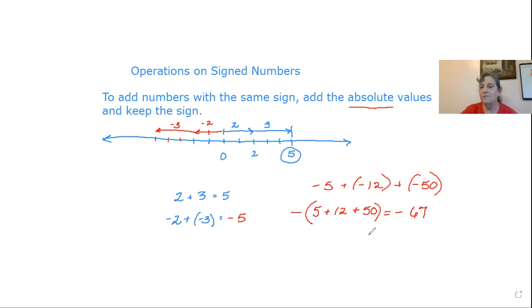We'll have gone a total of 67 units to the left. So just like a +5 and a +12 and a +50 would move us 67 units to the right, a -12 and a -5 and a -50 will move us 67 units in the same direction as each of these numbers, which is to the left.